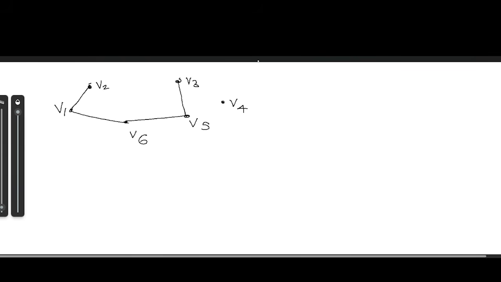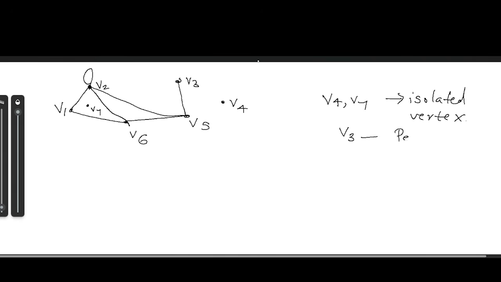V4. And suppose here is one vertex V7. Here from V2 to V5. Here in this graph, you can see that V4 and V7 are isolated vertices. Is there any pendant vertex? V3 is a pendant vertex.